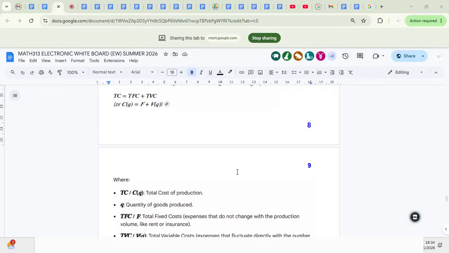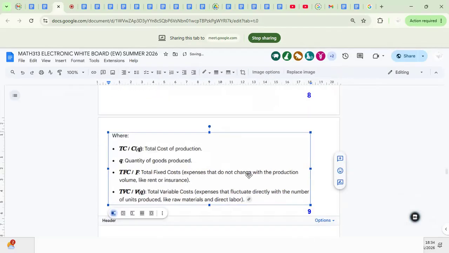So it goes on to say where total cost is for the production. These are the symbols for total cost, TC or C of Q. Q means quantity of goods produced. TFC, total fixed cost, or you can just use a capital F. Total fixed cost is expenses that do not change with the production volume, like rent or insurance.